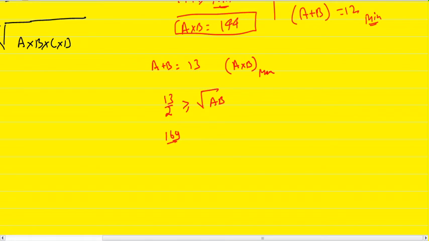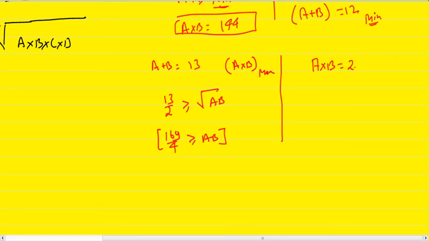So 169 by 4 is more than or equal to AB. Your job is done. This method only cares about values being positive. If positive real numbers are there, this will work.